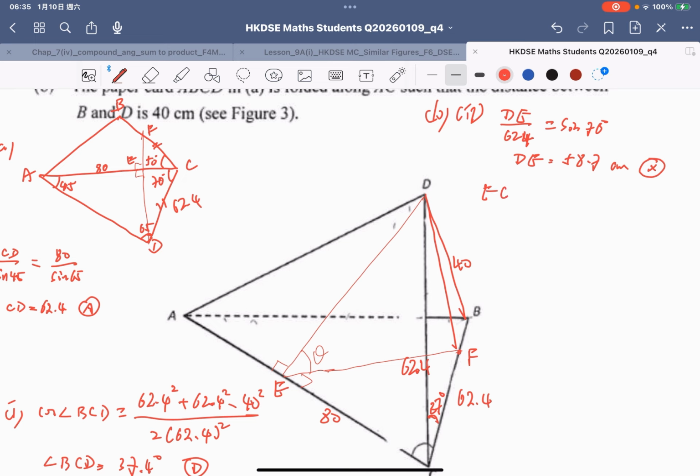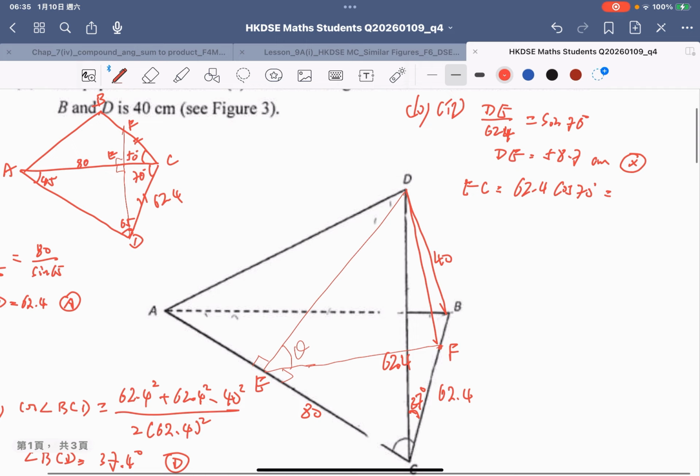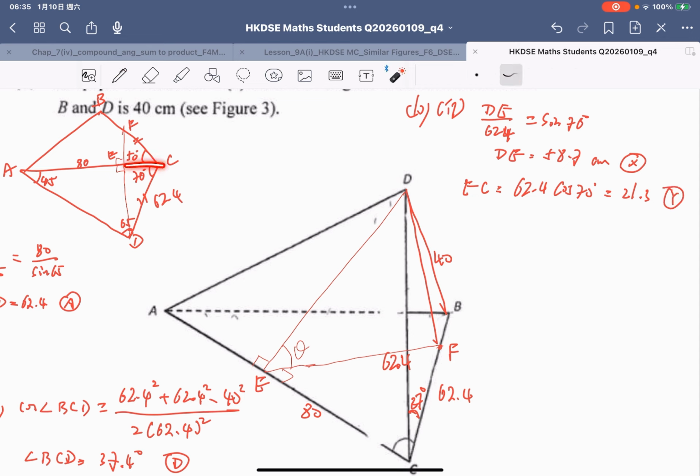EC is equal to 62.4 times cosine 70. This is equal to 21.3 cm. I store this in Y. Next step, I use this one to calculate FC and EF.